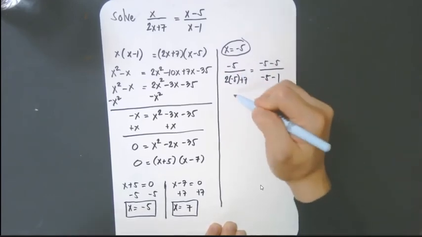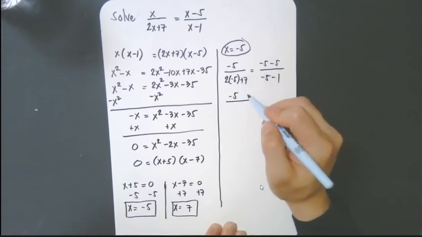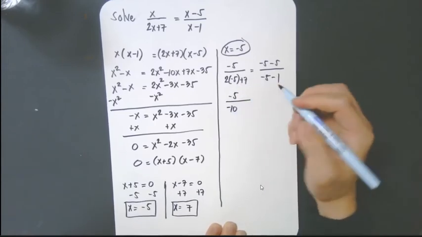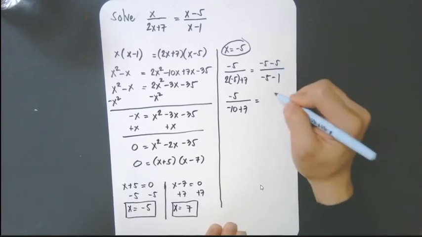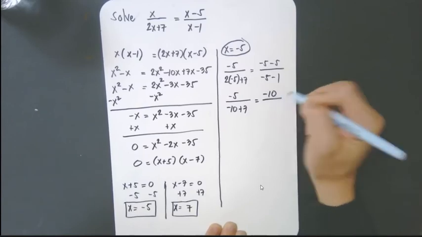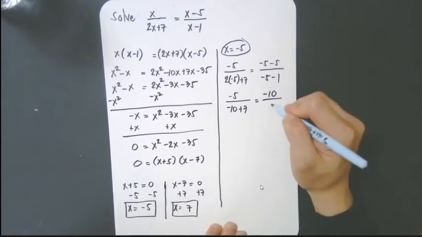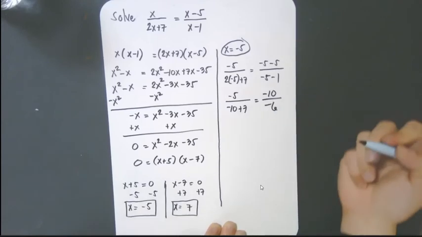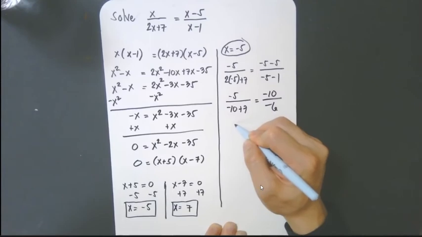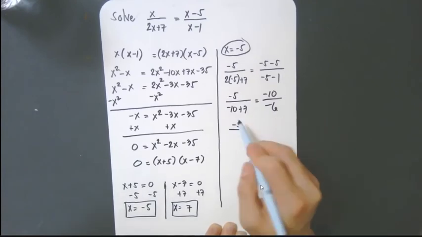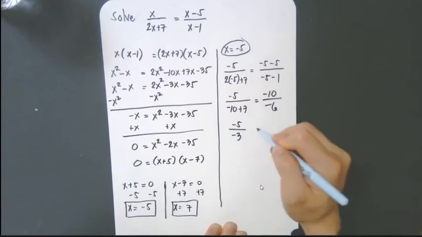Let's simplify. So that's negative 5 over 2 times negative 5 is negative 10 plus 7. Negative 5 minus 5 is negative 10 over negative 5 minus 1, that is negative 6. Now simplify here. So that's negative 5 over negative 10 plus 7, that's negative 3.